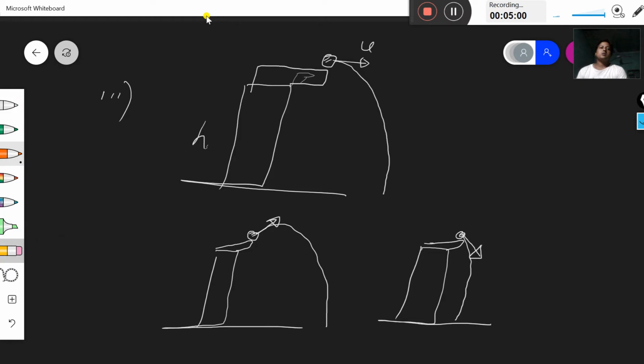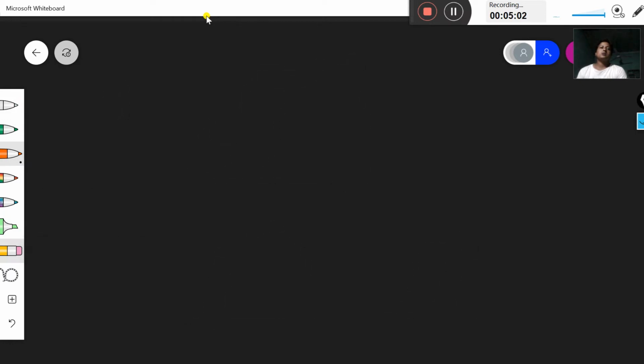In another sense, suppose there is an aeroplane and we can project a ball at some speed v, so that body comes like this.